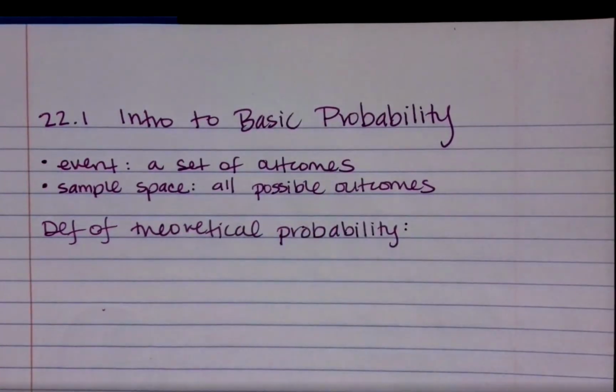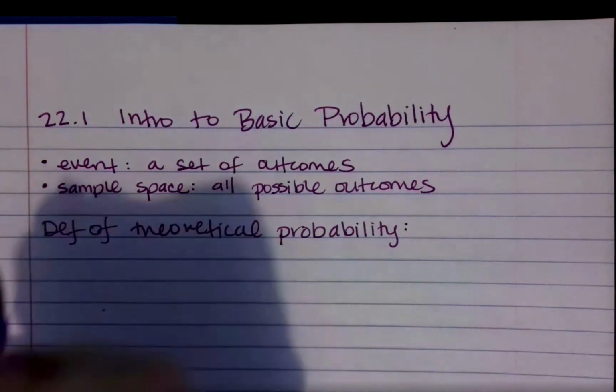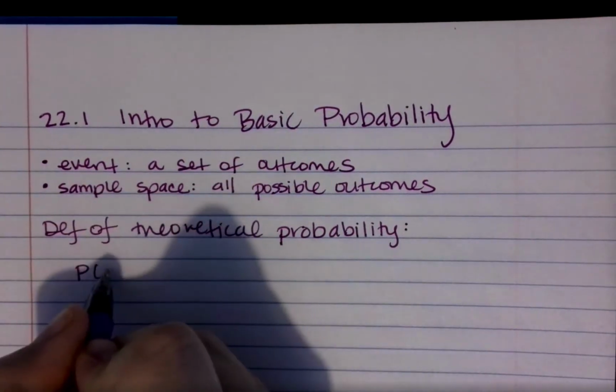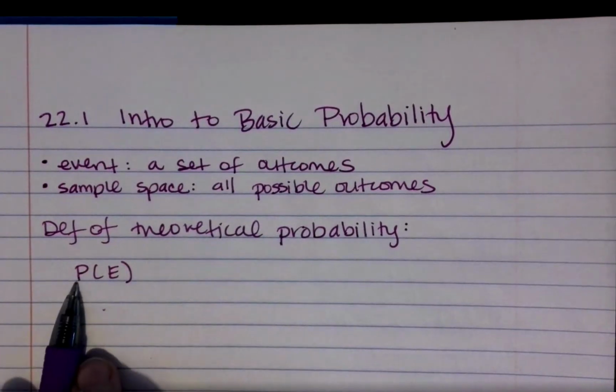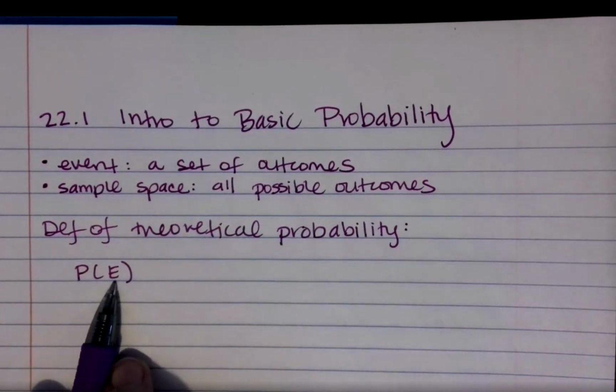Okay, definition of theoretical probability. We have the probability of an event. So this P out in front means probability. Whatever is in here is the thing we're looking for. What's the chance that it's going to rain? What's the chance that I'm going to get an M&M when I reach into my bag of Halloween candy? Whatever this is.